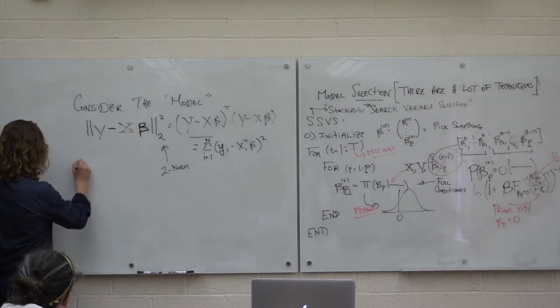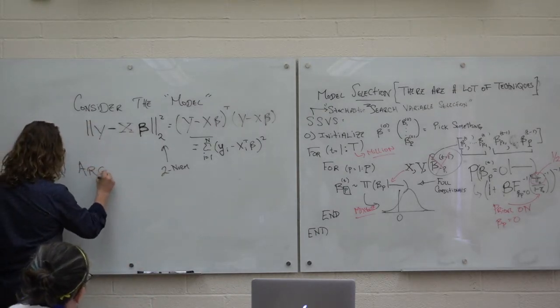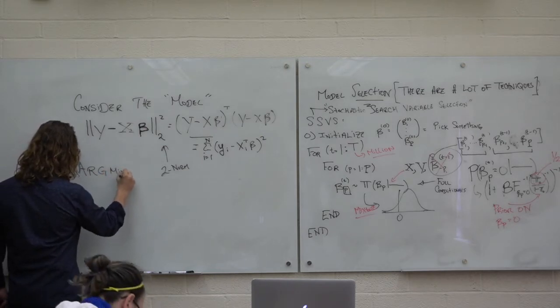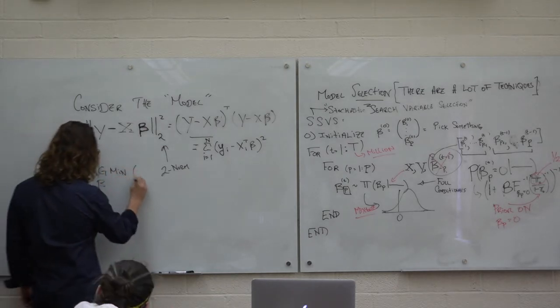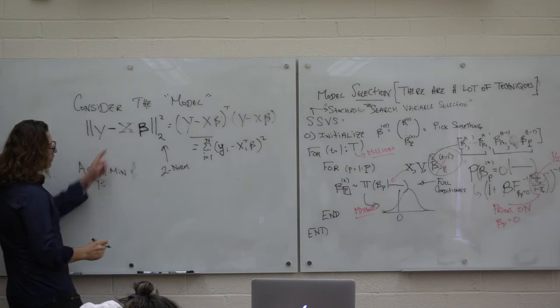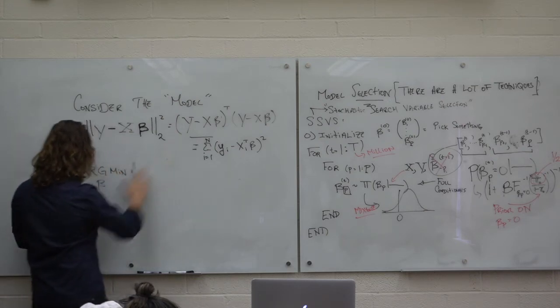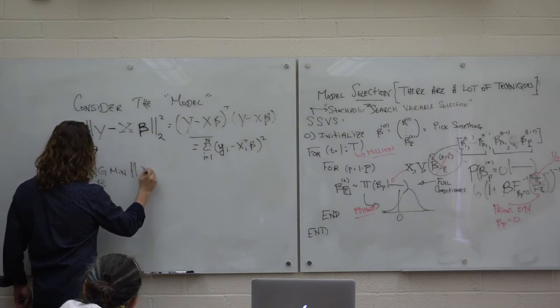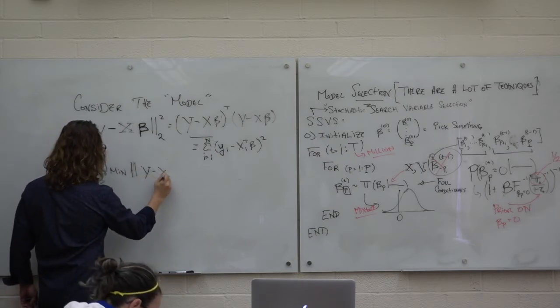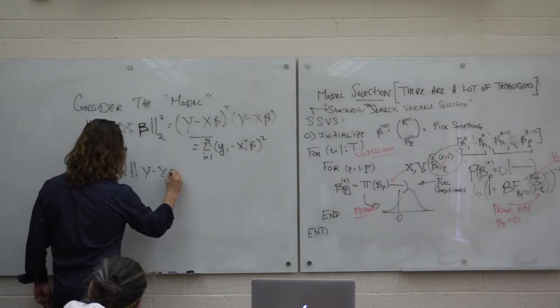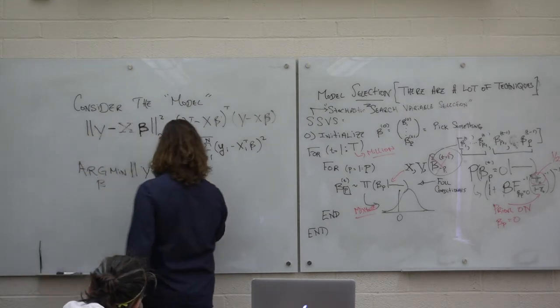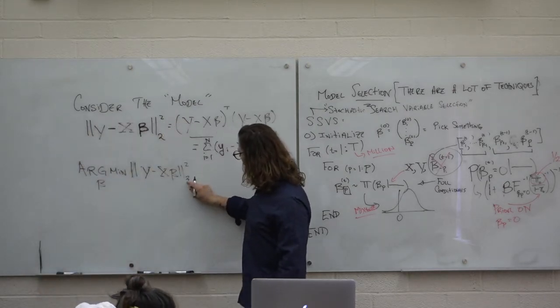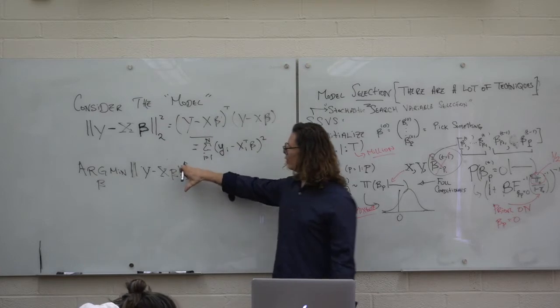Some people like to look at this problem and look for the arg minimizer over beta of this function that we just played around with: y minus x beta, 2 norm. You might be asking, what am I doing with that right there?